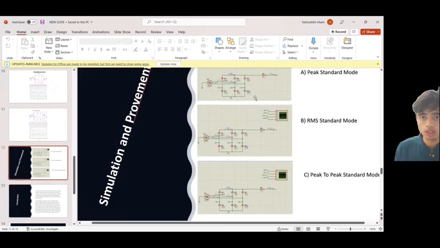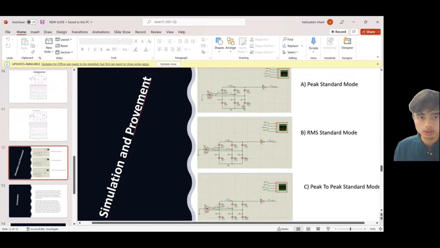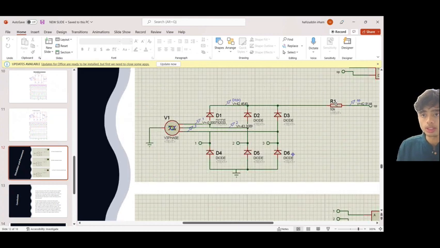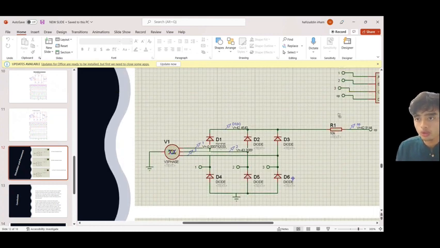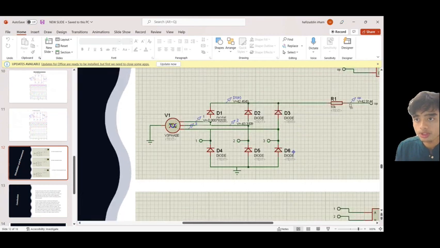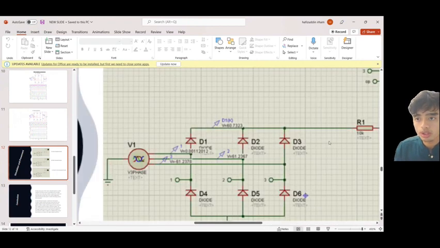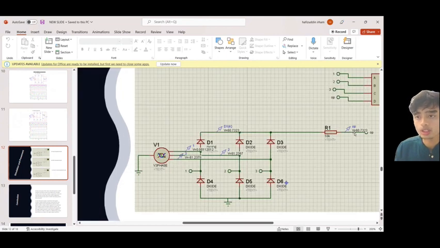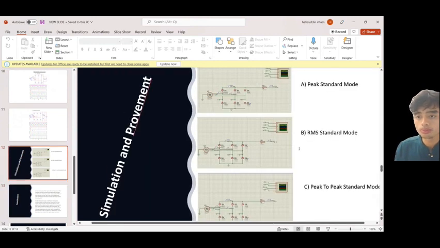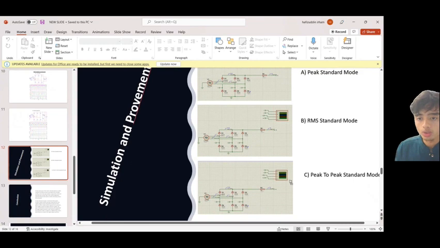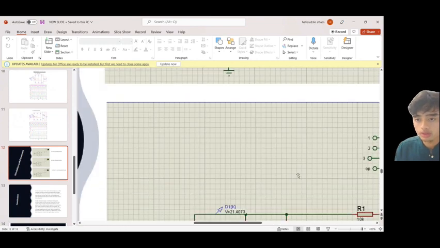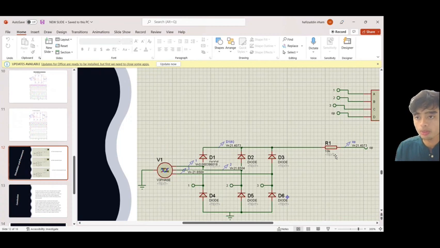So after all of the simulations that we have made, for the average standard mode, the output waveform is 42.9144 volts, and for the RMS standard mode, we get the value of 60.7323 volts, and for the peak-to-peak standard mode, we got 21.4073 volts.